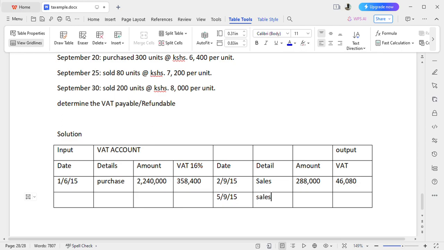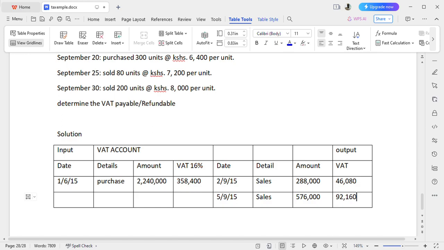So we are still in sales. You get 576,000 at the rate of 16%. So that's 92,160.